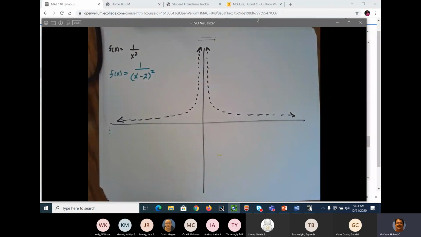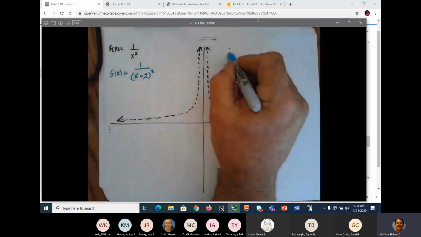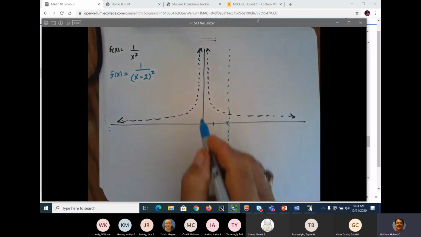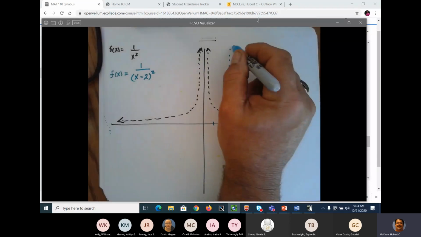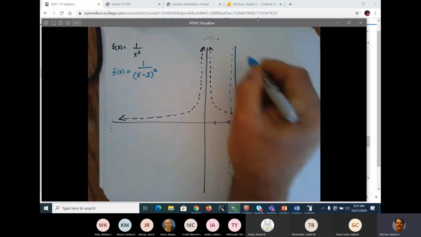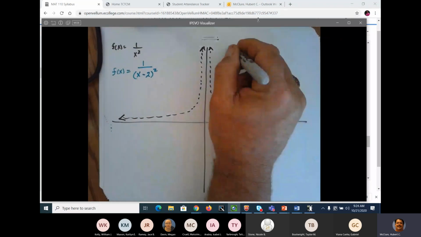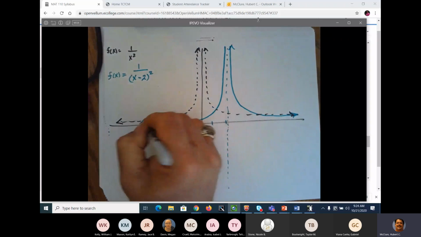Then I have a horizontal shift of 2 to the right. So now my new vertical asymptote, which is a mirror of the y-axis, is over here now. And my new function is the same function as the black function, except it's moved over 2 to the right.